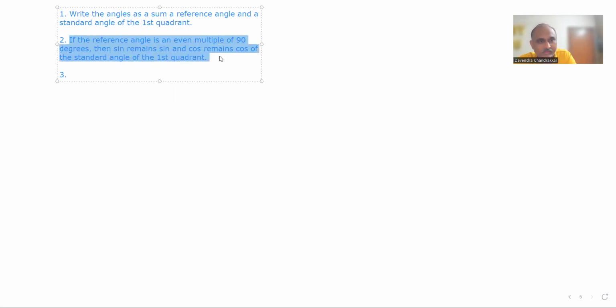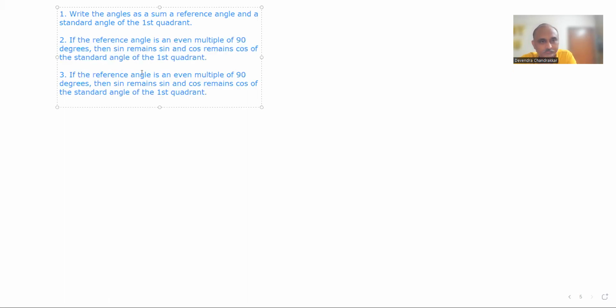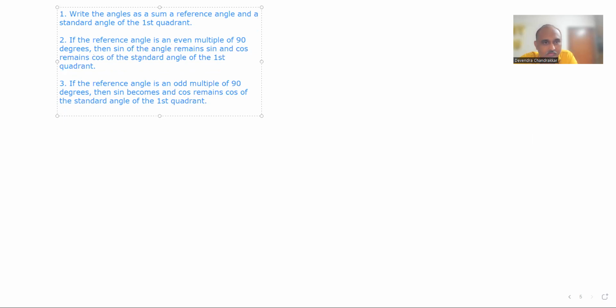So if the reference angle is an odd multiple of 90 degrees, then sine becomes cos. इसको ऐसे भी लिख सकते हैं, sine of the angle remains sine and cos of the angle remains cos of the standard angle.